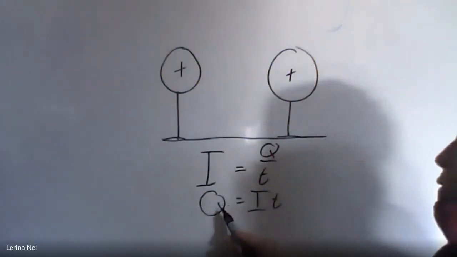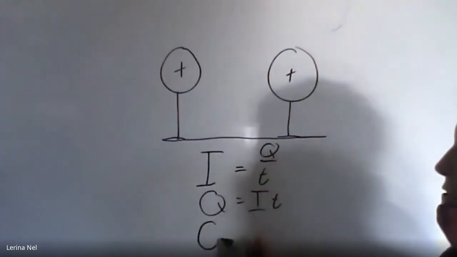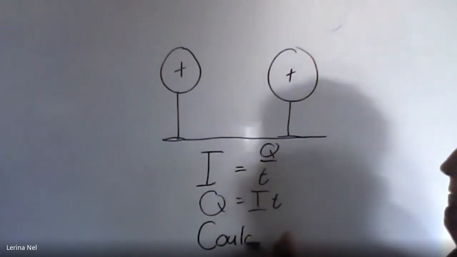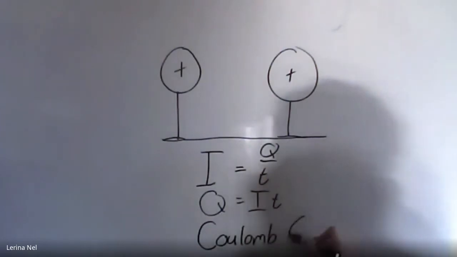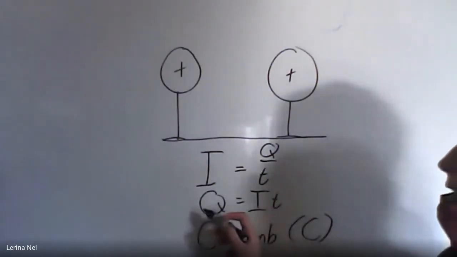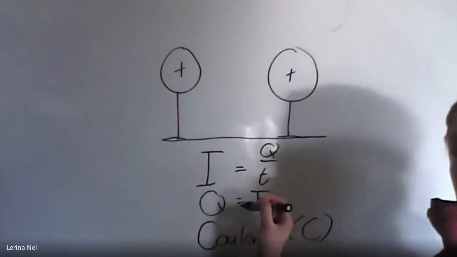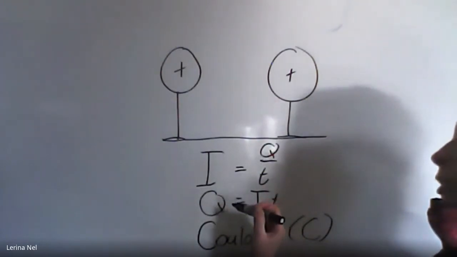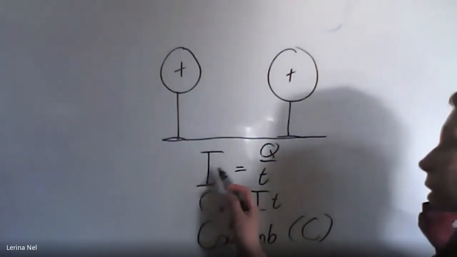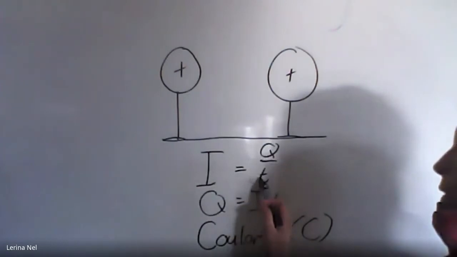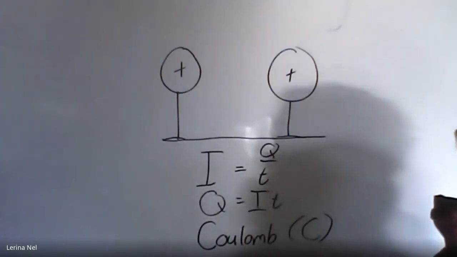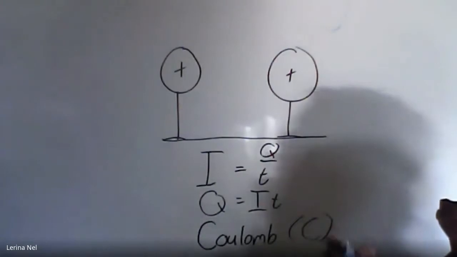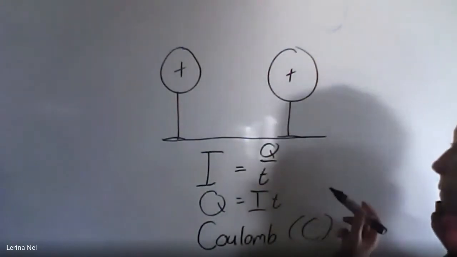But we are talking here about charge, and we are talking about something that's measured in Coulomb. The symbol is C. Now this is confusing to people, and I'm mentioning it only because when we get to current, it's the amount of charge that flows by a certain point per second or per unit of time.